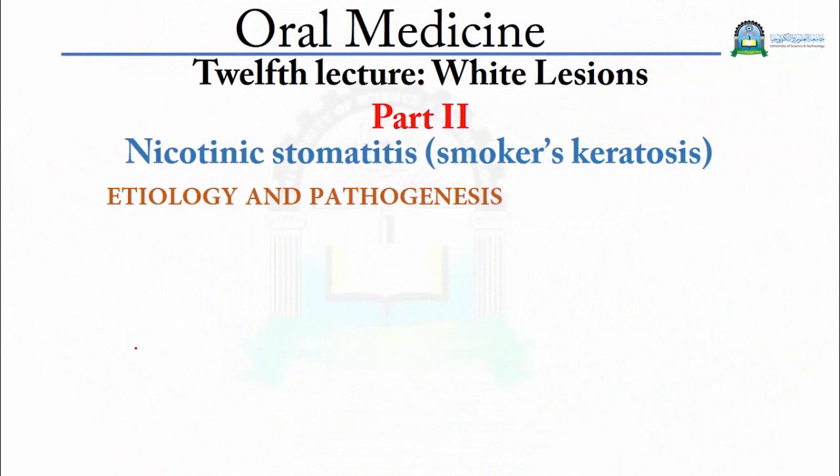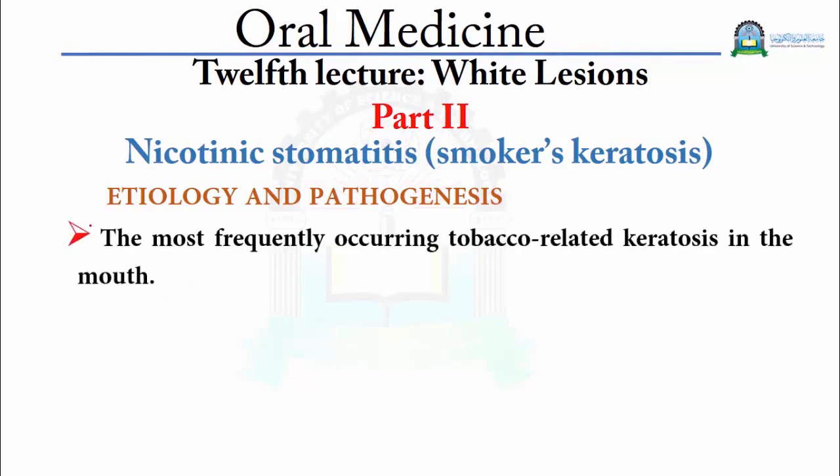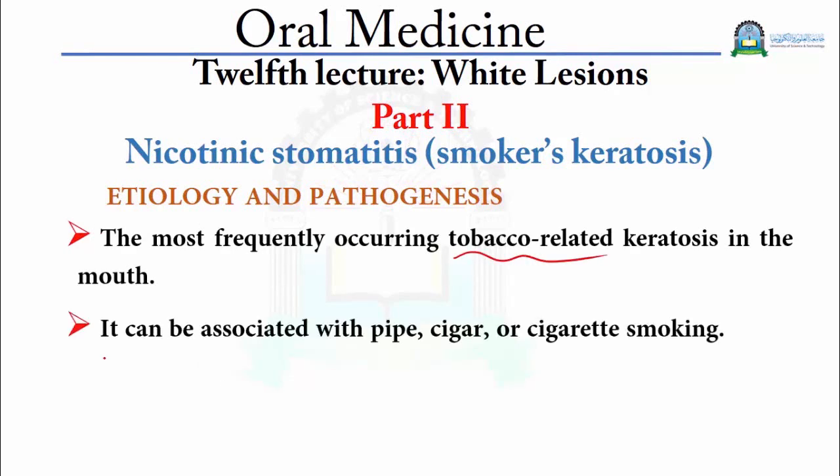The other lesion is nicotinic stomatitis, or smoker's keratosis. From its name, it is due to nicotine released from smokers, most frequently occurring as tobacco-related keratosis in the mouth, and can be associated with pipe, cigar, or cigarettes.